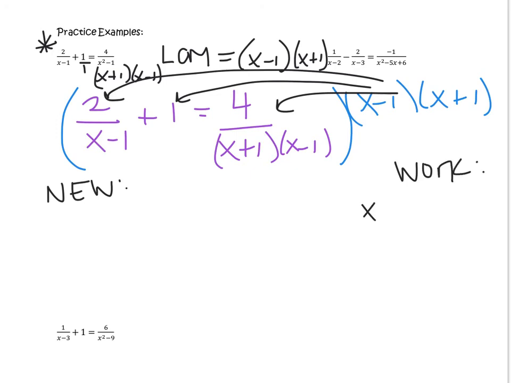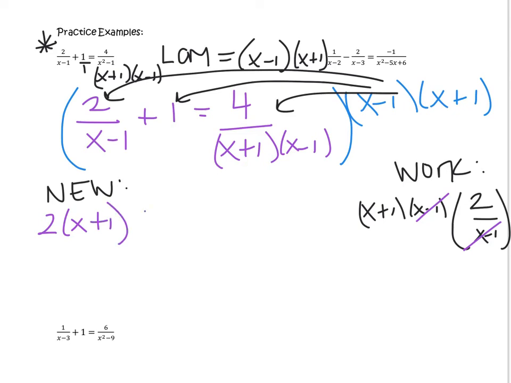So I have to do x plus 1, x minus 1 times 2 over x minus 1. When I do that, these drop out, and the first term in my new equation is going to be 2 times x plus 1. Plus, now when I do my x plus 1, x minus 1 times the 1, nothing drops out.